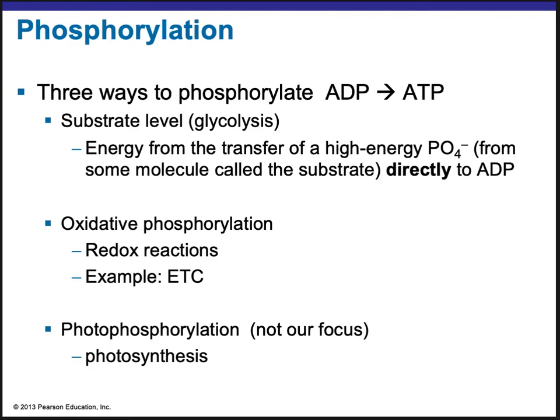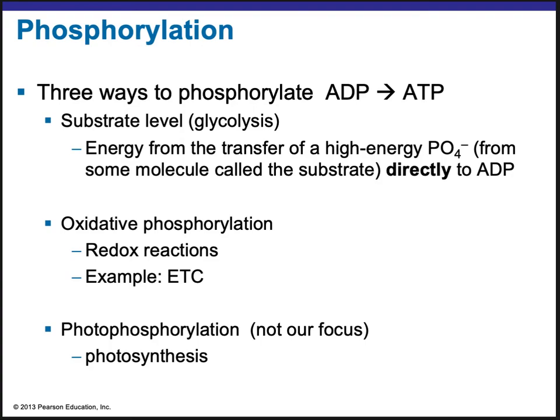And then the third one, which we don't do in our body but is prevalent in nature, would be photosynthesis, which uses light. So photophosphorylation. And we will not even look at photosynthesis in this class. We don't have time.